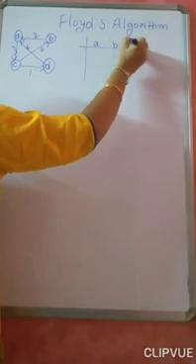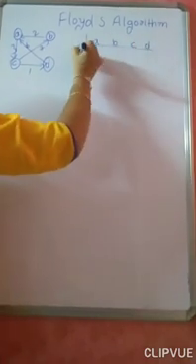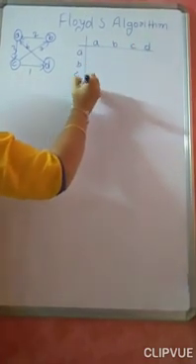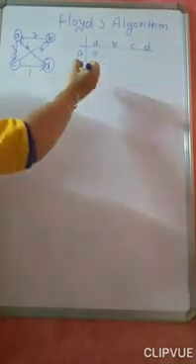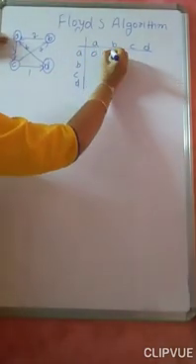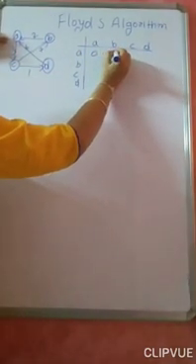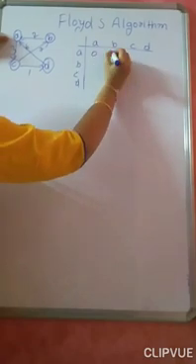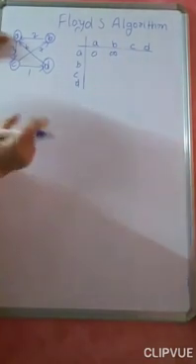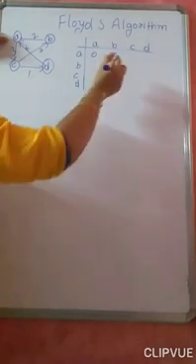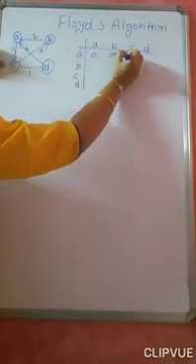It is A, B, C, D. A, B, C, D. Initially diagonal elements will be 0. And A to B it is 999 or infinity, you write. In the lab program, while executing, you will take it as 999. And A to C is 3.